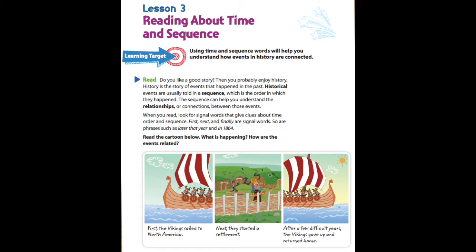All right, let's look at that third picture. It says, after a few difficult years, the Vikings gave up and returned home. Notice how their boat is going in the opposite direction than it did the first time. So they're going back home because they had some difficult years in their new settlement in North America.